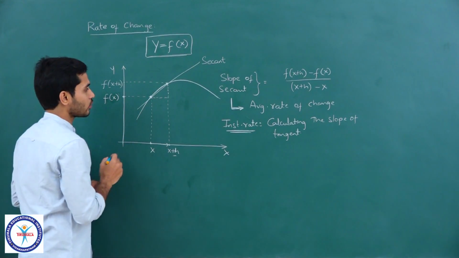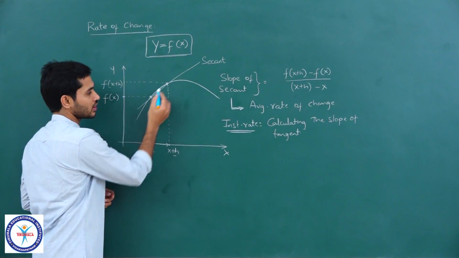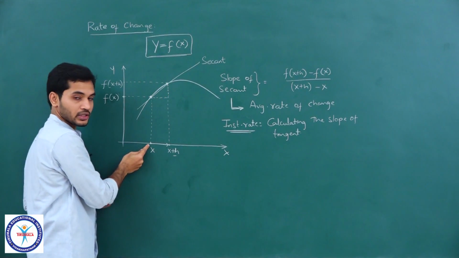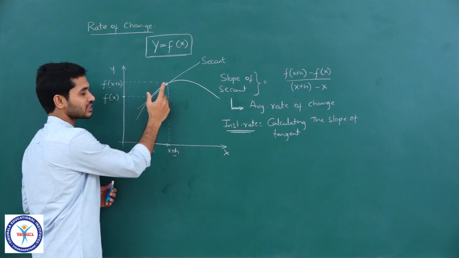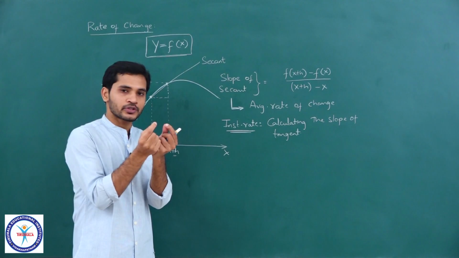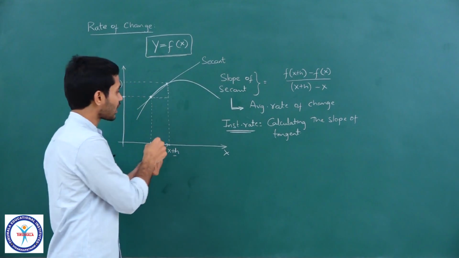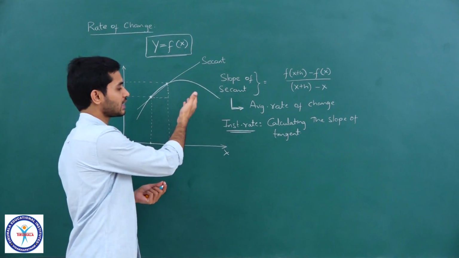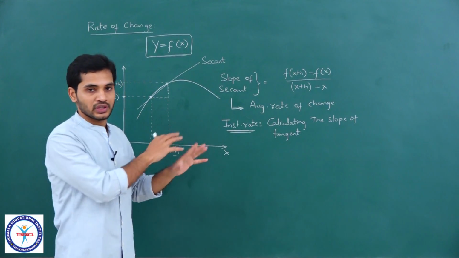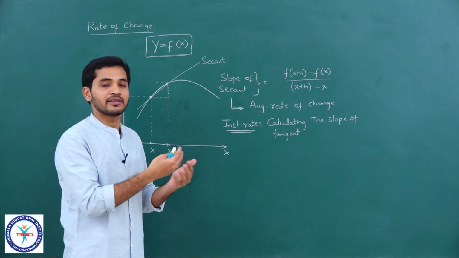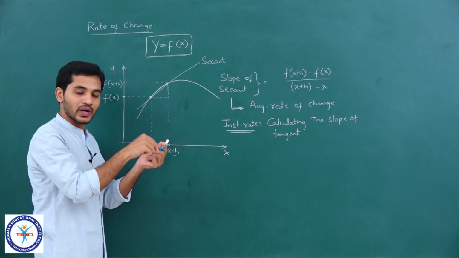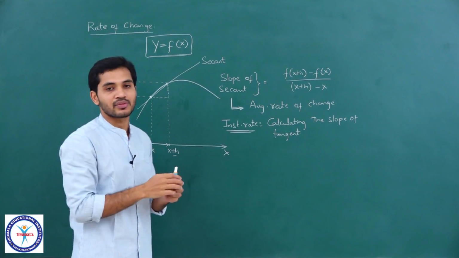What I have to do is make sure that this point becomes closer and closer to x, in such a way that these 2 points eventually become the same point, correct. That was the idea. I have to make those 2 points so close that they overlap with each other, and the secant eventually becomes a tangent. So, whatever we have understood in words yesterday, that this point should approach this point and both of them should overlap with each other such that it becomes a tangent.